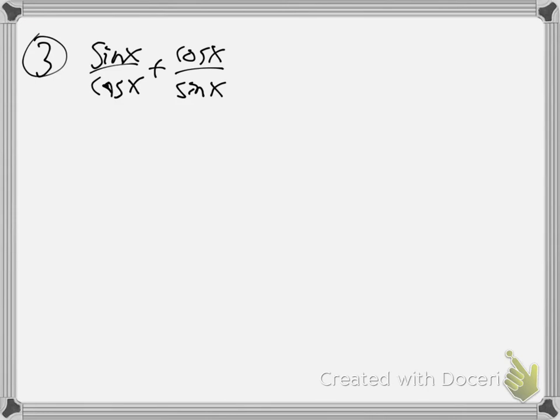All right, so number 3. We're supposed to add those two fractions. What do you do to add fractions? What do you need? Common denominator, right? So you've got to take this guy and multiply top and bottom by sine, this guy and multiply top and bottom by cosine. Then they'll both be sine cosine. See how that makes both denominators sine cosine?